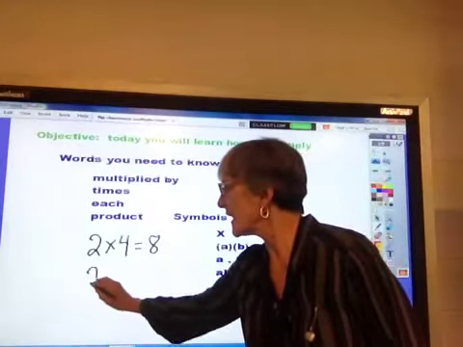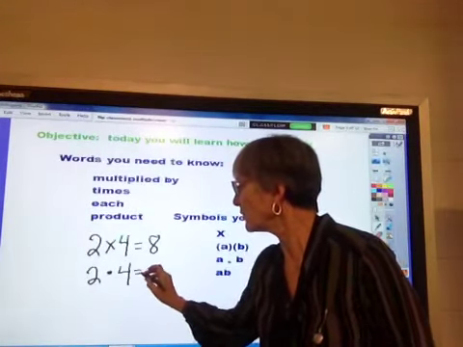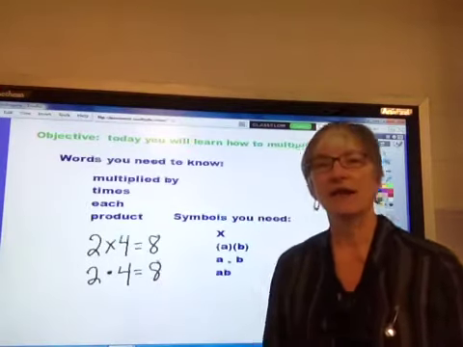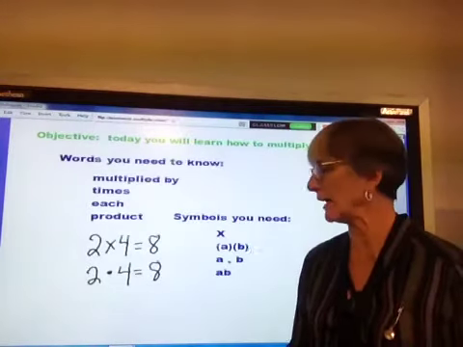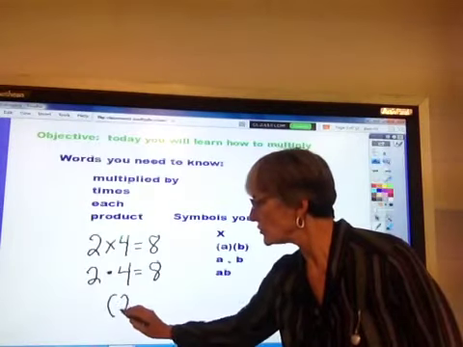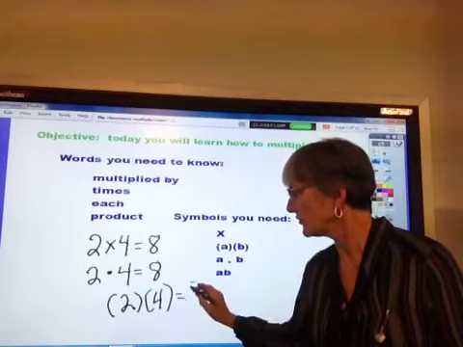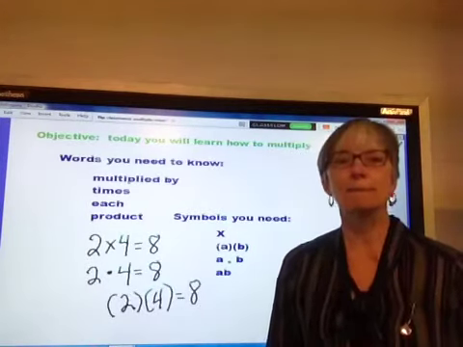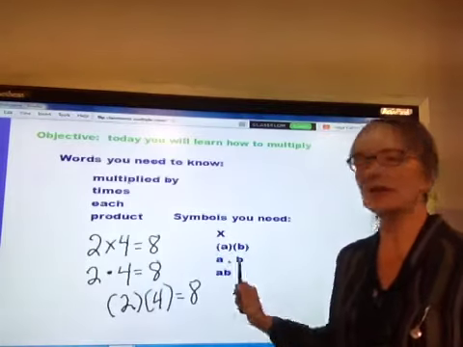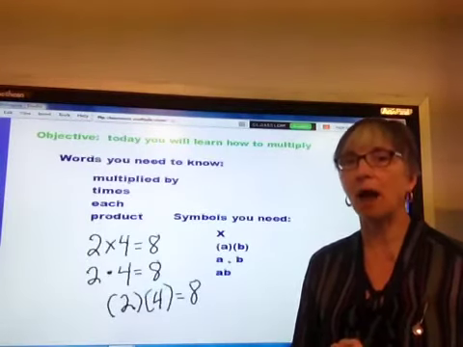Each of these are symbols that you need to know. They always mean multiply.